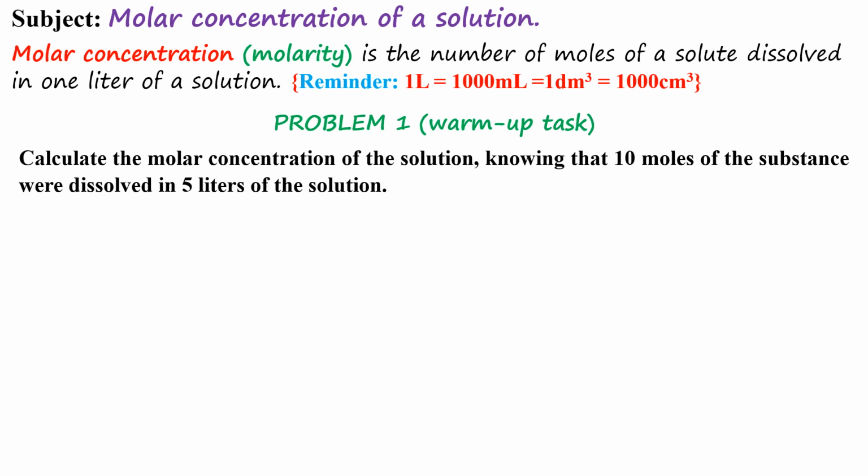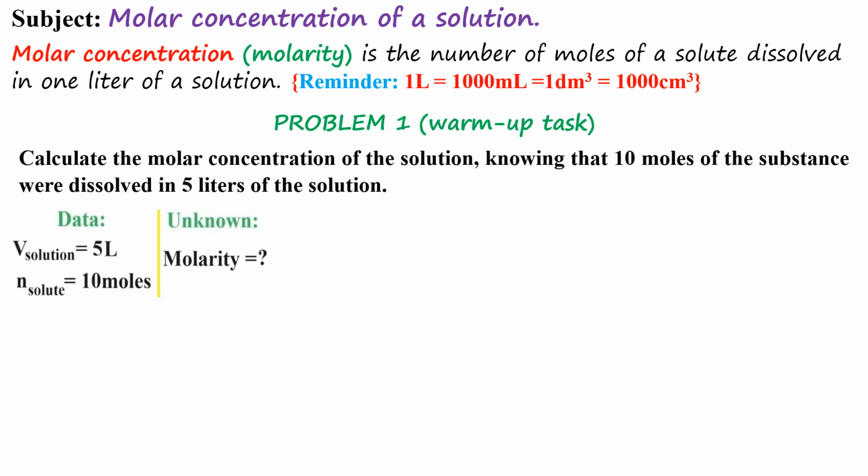Problem number 1. Calculate the molar concentration of the solution, knowing that 10 moles of the substance were dissolved in 5 liters of the solution. Let's start by writing down what we know and what we need to calculate in this problem. We know already the volume of the solution and the number of moles of solute.